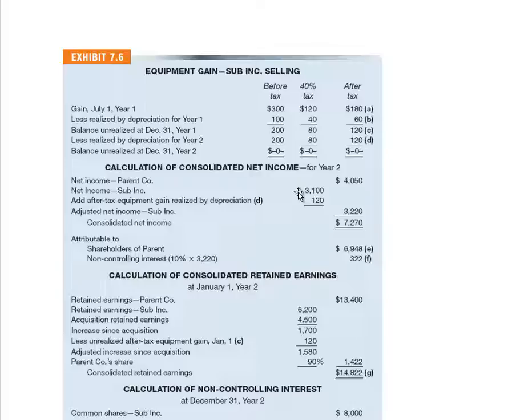These are just calculations to facilitate the preparation of the consolidated statements. So the consolidated entity in the second year would show consolidated net income of $7,270, and we need to add that back into the sub's income, not literally, but just for the consolidation calculation to get it to $7,270.